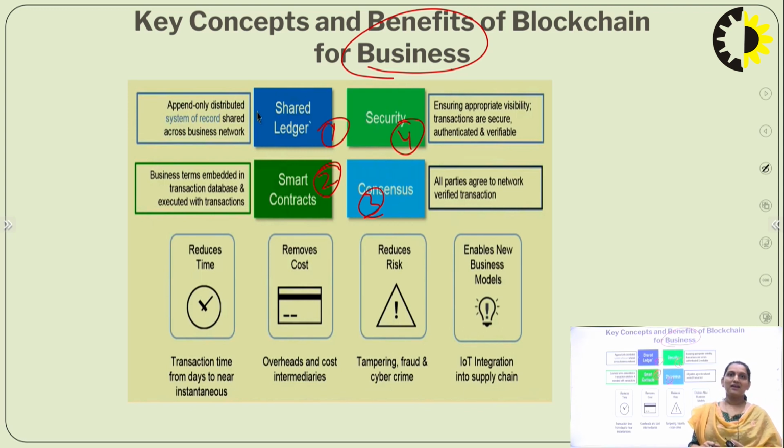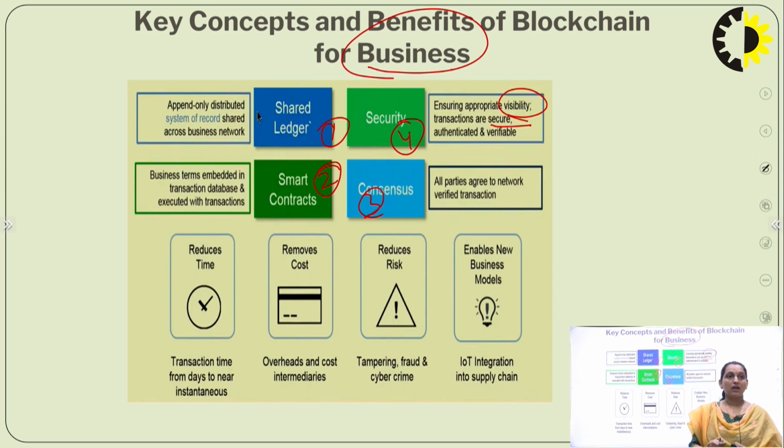Security: because we have a shared ledger, the transactions are secure, authentic and verified also. So you have authentic data when you are transferring from one business to another, that is verifiable and authentic, and visible to all of them.